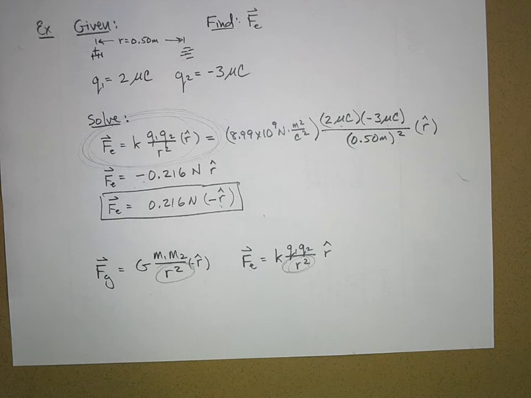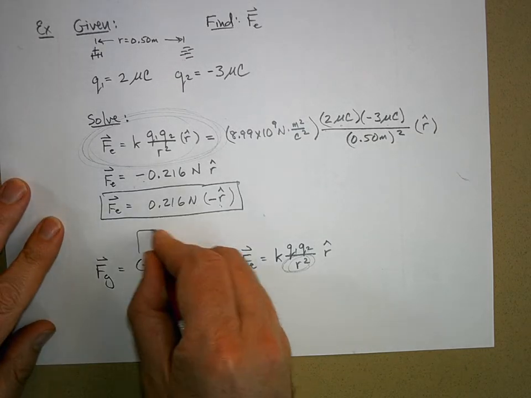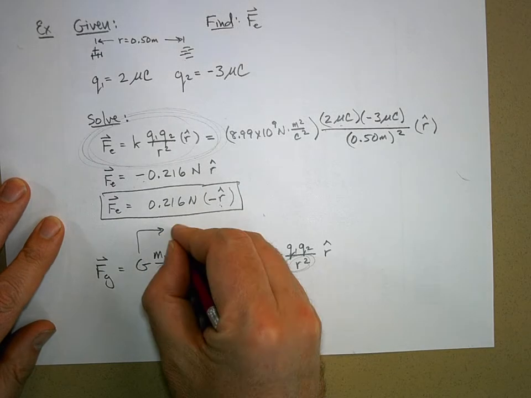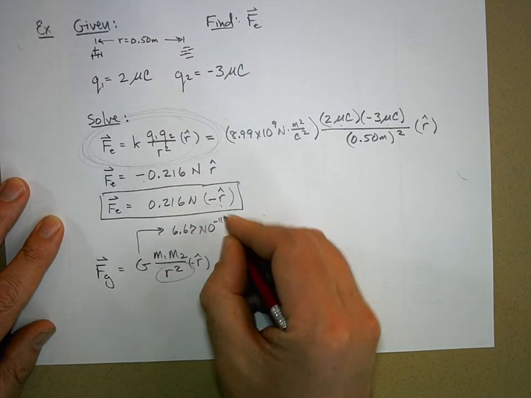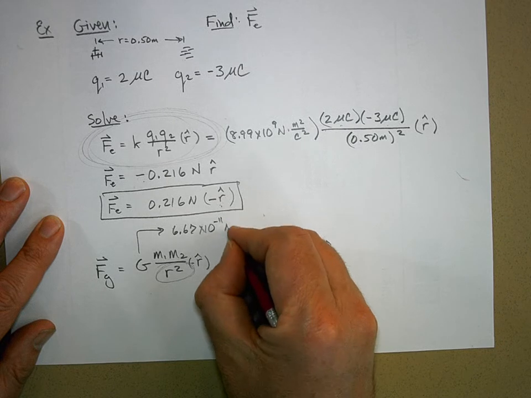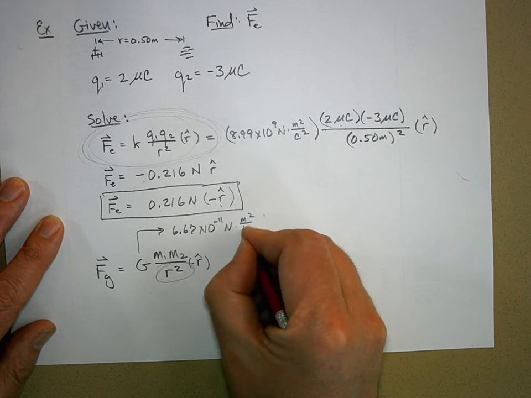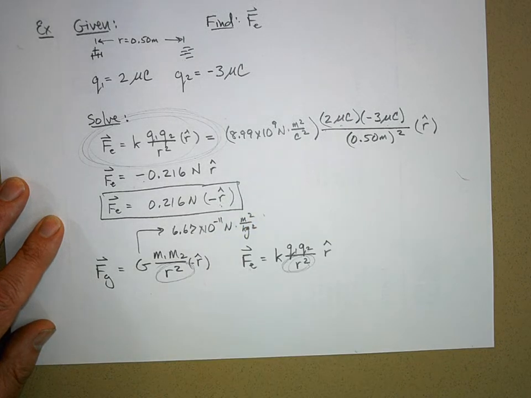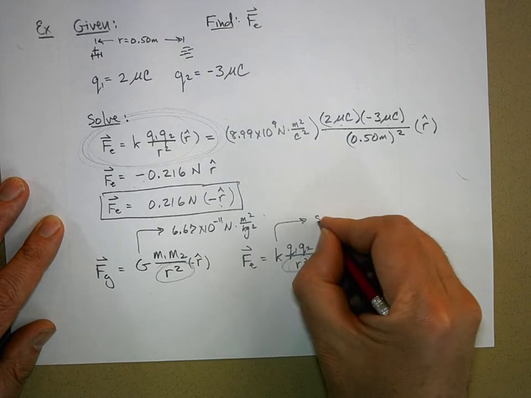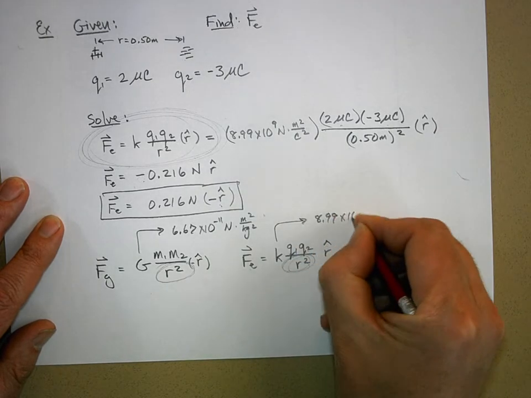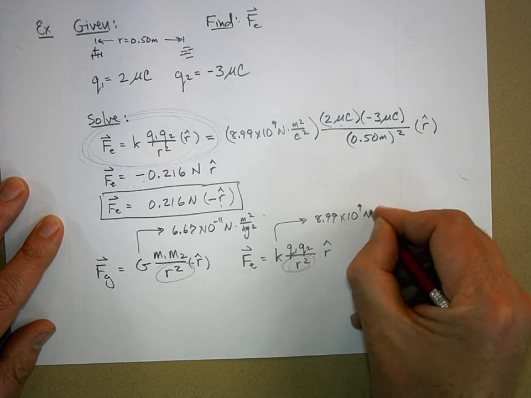Now let's take a look at one other comparison. Let's take a look at big G, 6.67 times 10 to the negative 11 Newton meter squared per kilogram squared. And we're going to compare that to K, which is 8.99 times 10 to the 9 Newton meter squared per Coulomb squared.